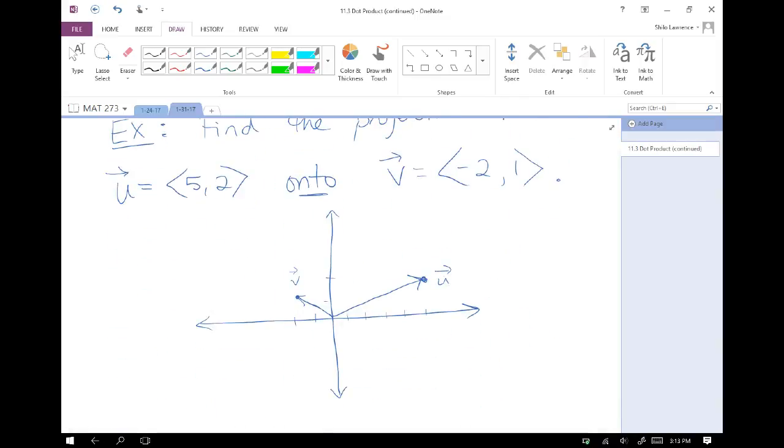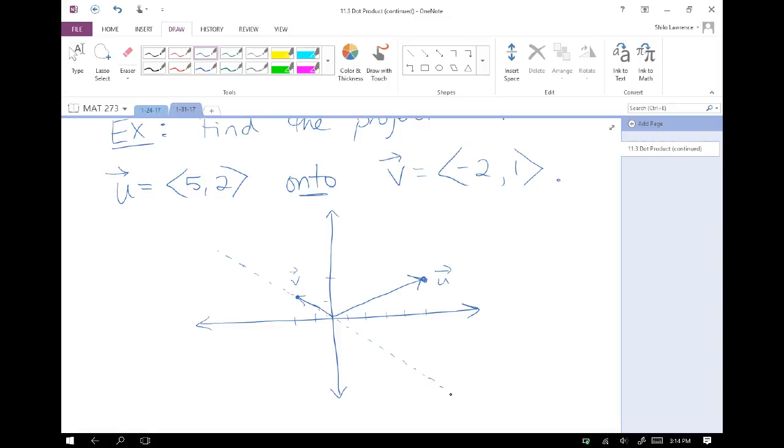But we're only using V for its direction, okay? So technically, we could extend this out farther if we needed to. We could also end up with a negative coefficient, which would make it go exactly 180 degrees. Anything along that line, we can think of as a scalar multiple of V.